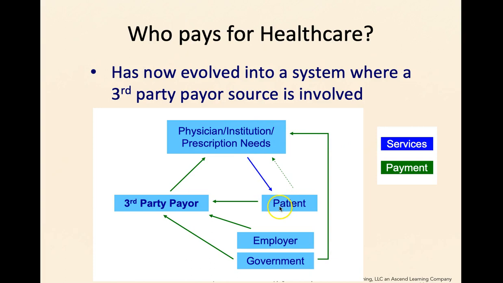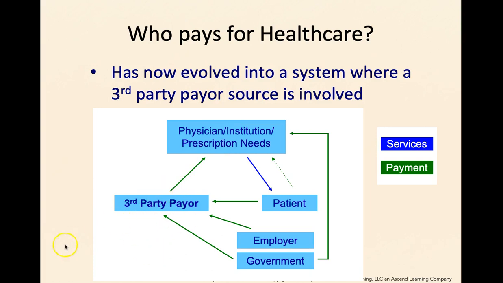Now, rather than the patient directly paying the provider of care, we now have a third-party payer that's involved, and that third-party payer, which is the insurance companies, are the ones responsible for paying the providers of care. Now, the third-party payer source, of course, doesn't do this out of the goodness of their hearts.